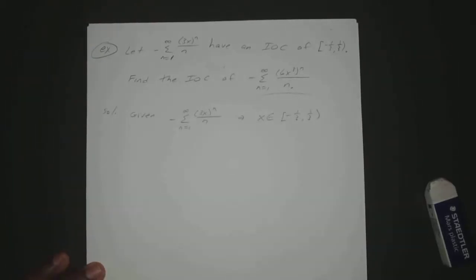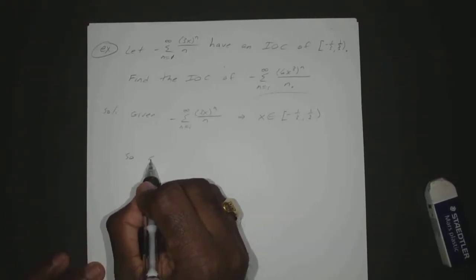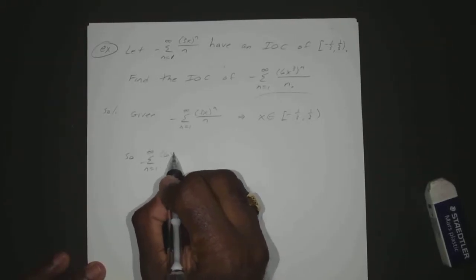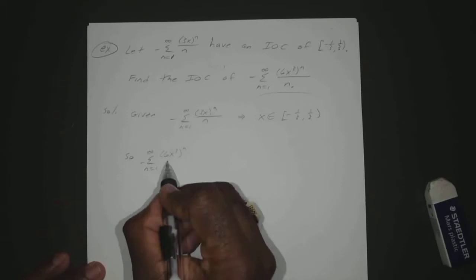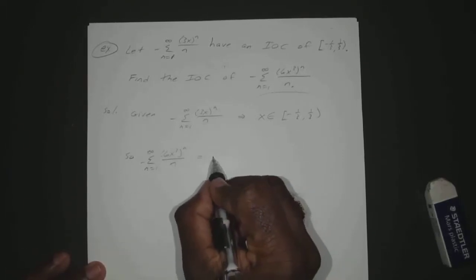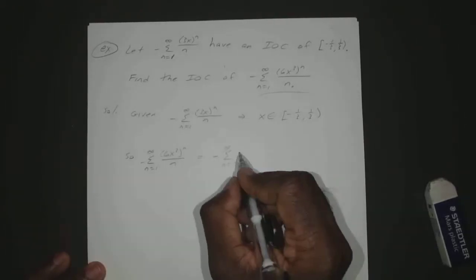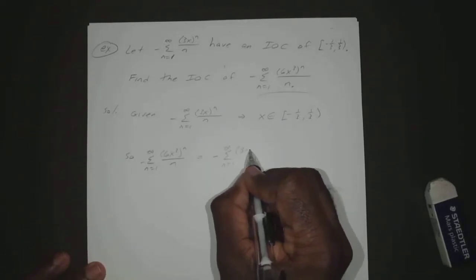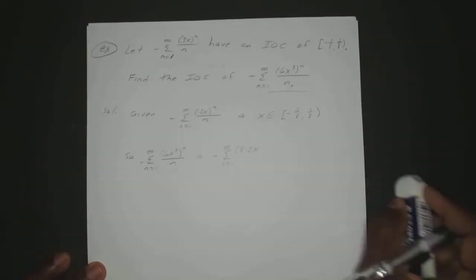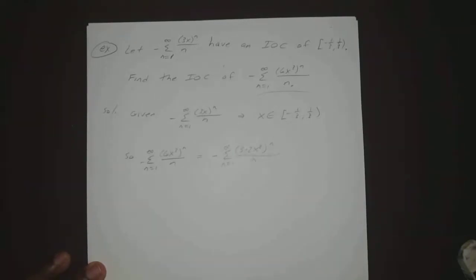So if we get our new series, the negative sum from n equals 1 to infinity of 6x to the third to the nth power divided by n, you can actually rewrite that. Negative sum from n equals 1 to infinity, we can make that 3 times 2x to the third to the nth power over n.